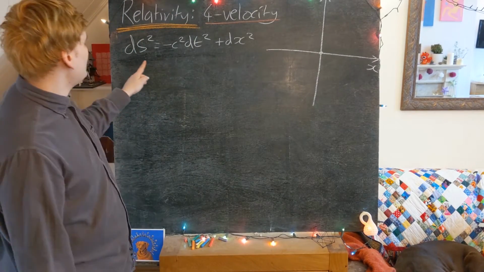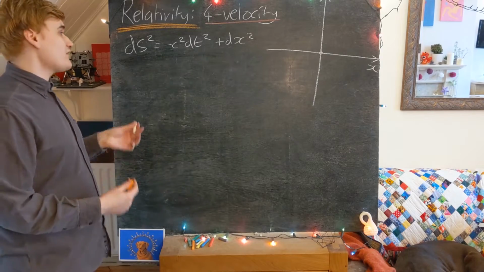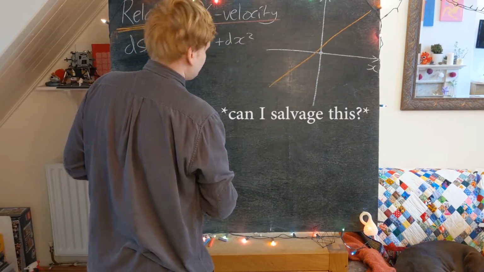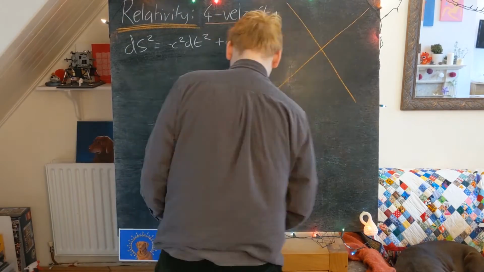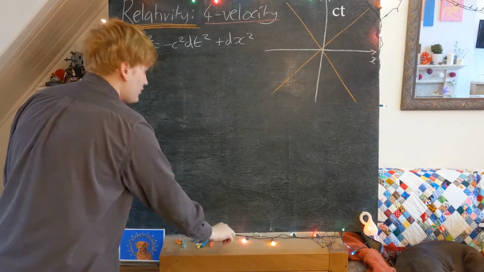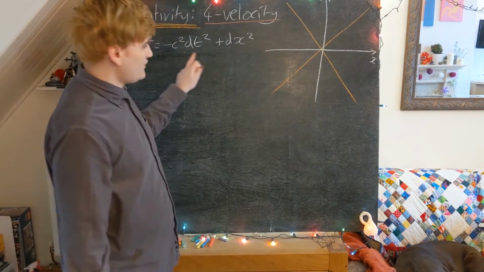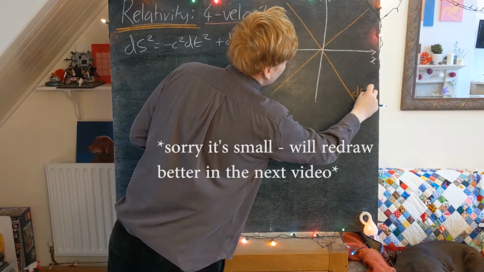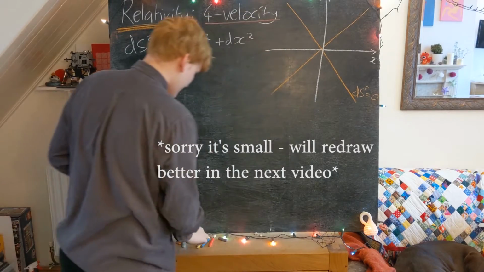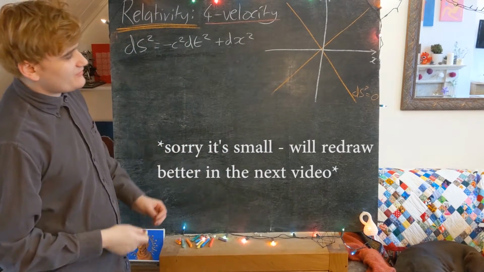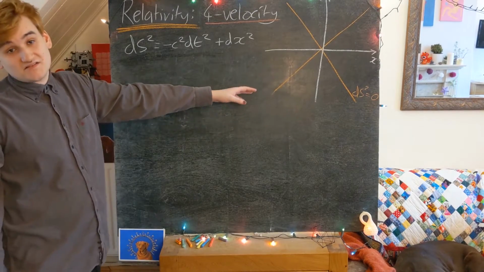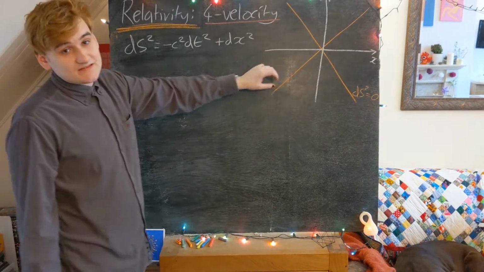They're essentially all the points which have 0 space-time separation from the origin. So these 2 orange lines which I've drawn represent all of the points in Minkowski space that have 0 space-time separation from the origin. And I started to call this object the light cone.